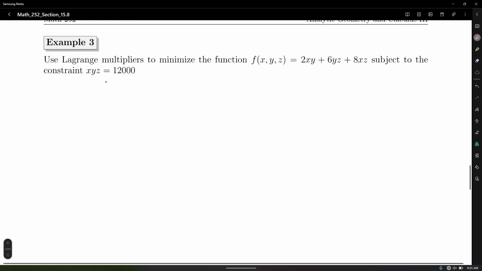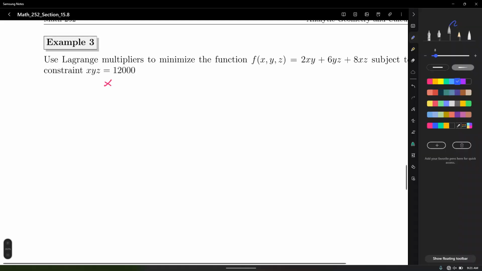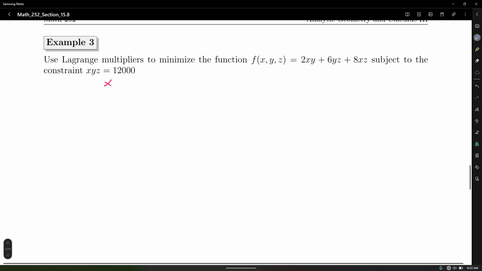Well, so let's write xyz minus 12,000 equal to our constraint g, but it's no longer going to be a g of x, y. It's going to be a g of x, y, z. Okay, so let's form the Lagrangian for this.